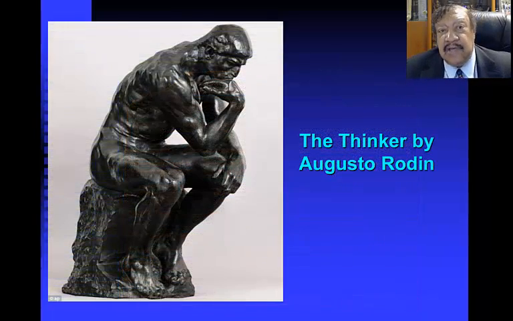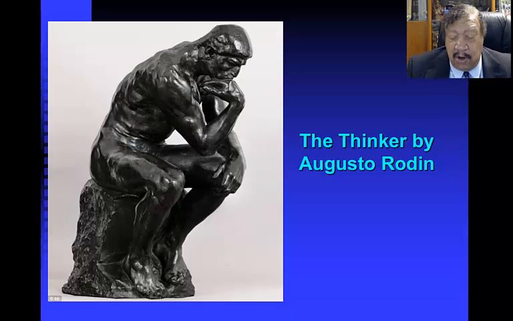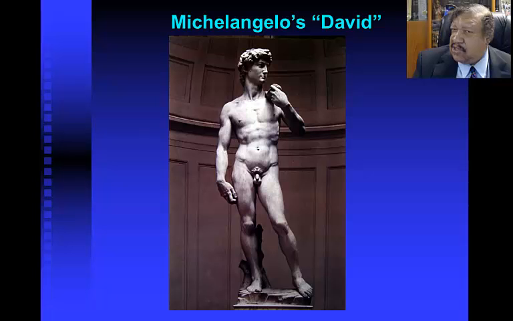And then there's this very famous piece of three-dimensional, 360 degrees. It's known by everyone just about. It's called The Thinker by Auguste Rodin. There are many works that he did, but The Thinker is one.